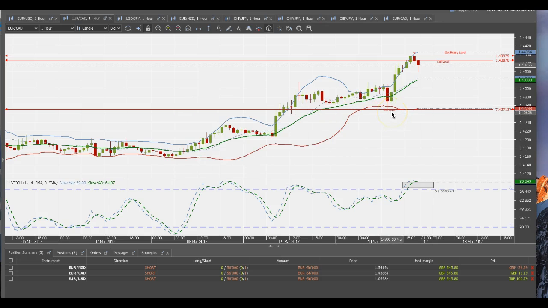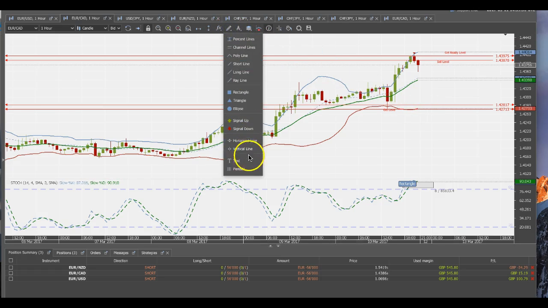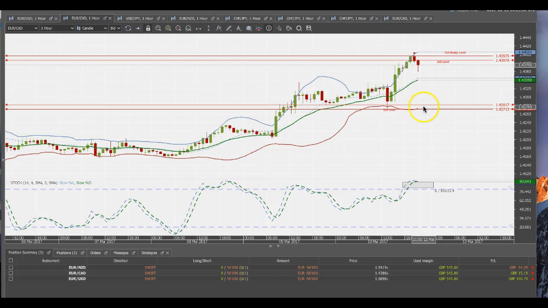So there's the get ready level, and then the entry is 142.81. So that's the buy level right here. And stochastics is not oversold, but the two lines are crossing to the upside. This is a continuation pattern and a retracement.